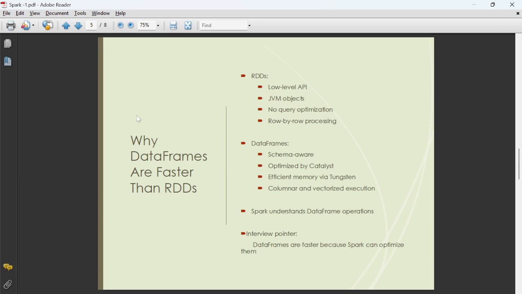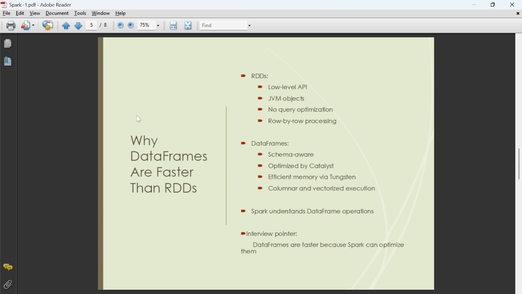DataFrames are different. They are schema aware. Spark knows the structure of the data and the operation being performed. Because of this, Spark can use the Catalyst optimizer to rewrite queries and the Tungsten engine to optimize memory and CPU usage.